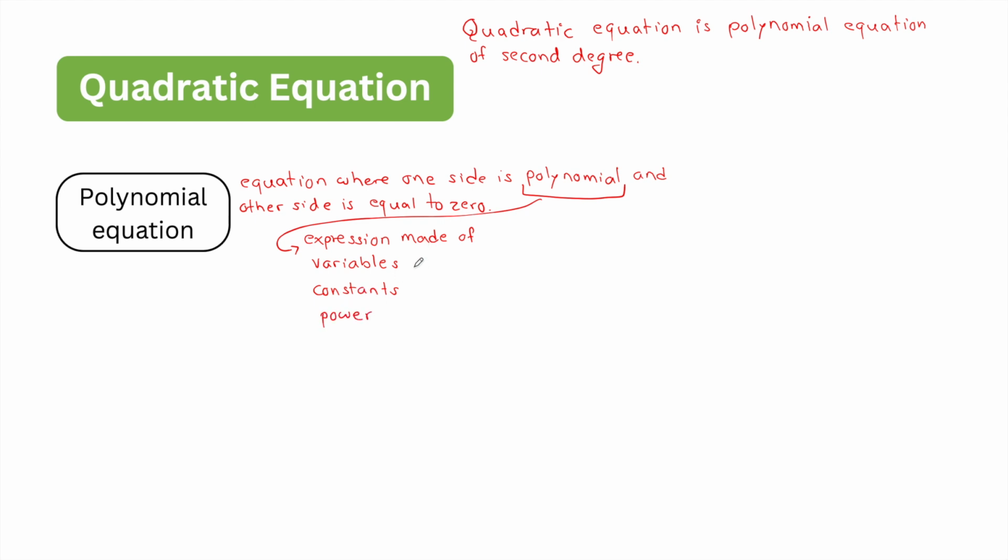Variables can be a, b, x, y, z, anything. Anything can be a variable, and constants are numbers from 0 to 9. Sometimes we will get a fraction as a constant also.